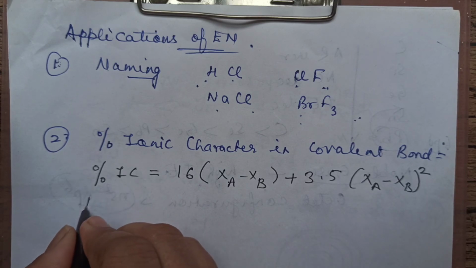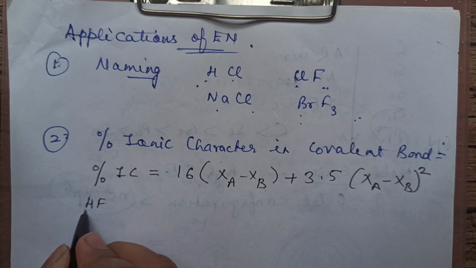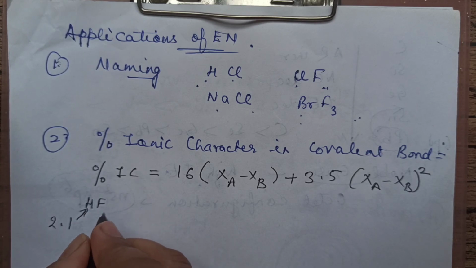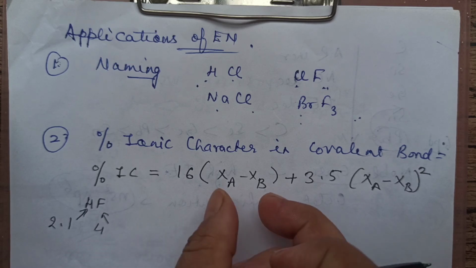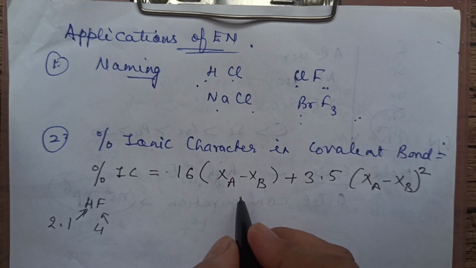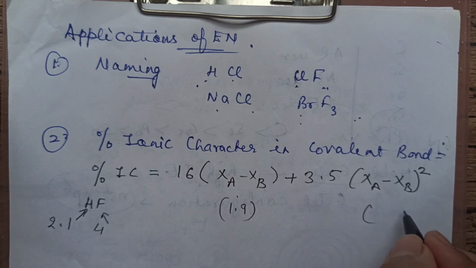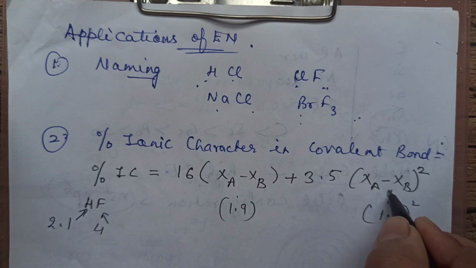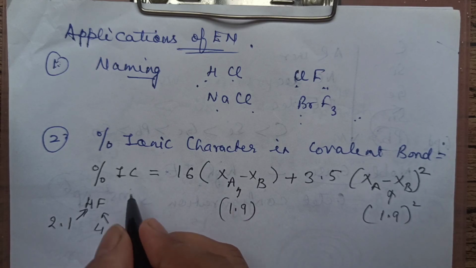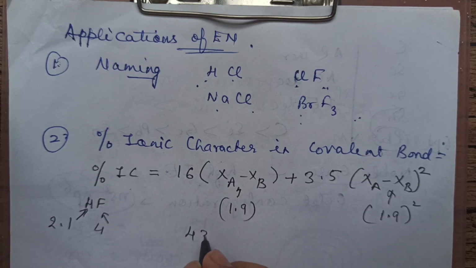Suppose we want to calculate for HF. We know the electronegativity of hydrogen is 2.1, and for fluorine it is 4. So what is the difference? 1.9. So if you put the value 1.9 here and 1.9 square here and calculate, you will get the answer as 43%.